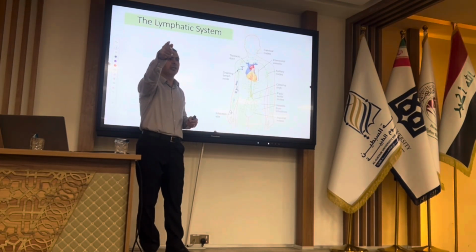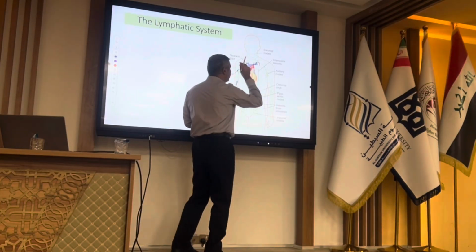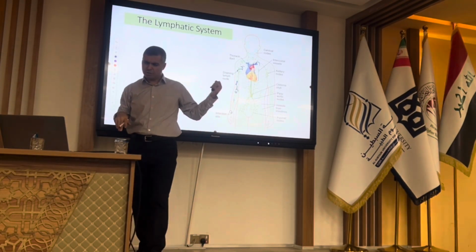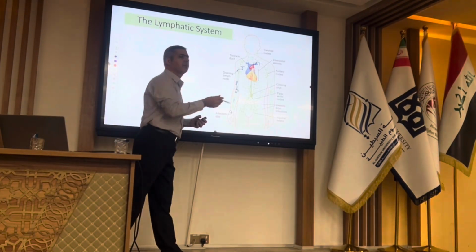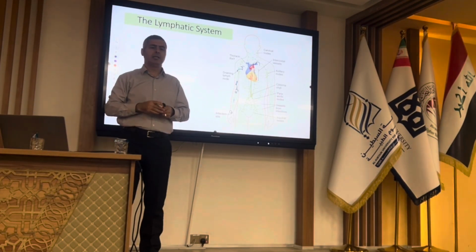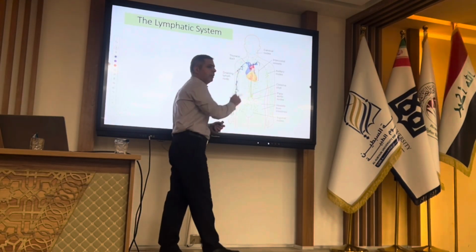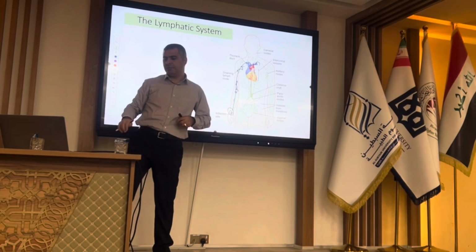Heart. Circulation. All of them finally end in the subclavian, the left and right subclavian, and they drain into the blood finally. So they drain the content of the tissues and finally go to the blood. So there is a closed circulation of blood and the lymphatic system.